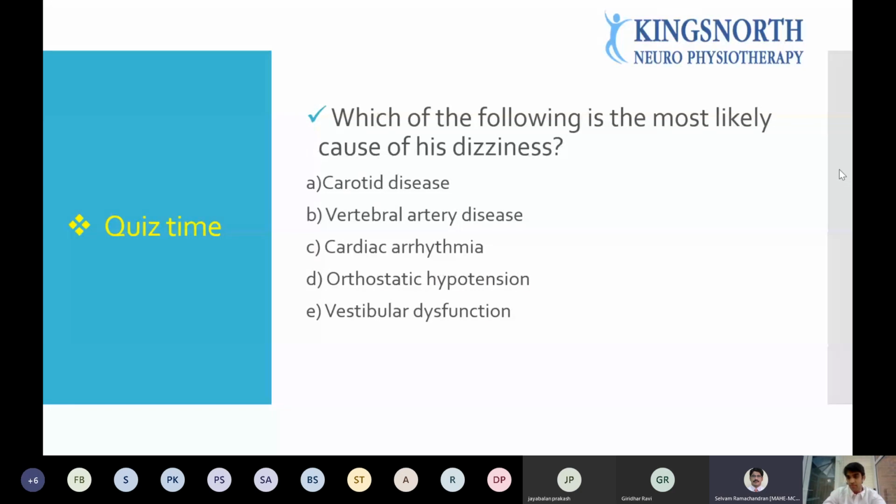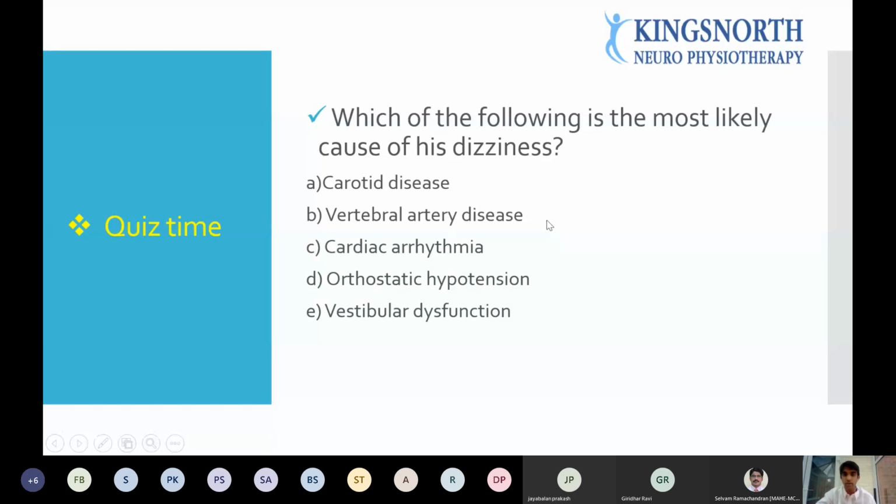Professor is right, but it's a 50-50. The other one, which is 50-50, is vestibular dysfunction.